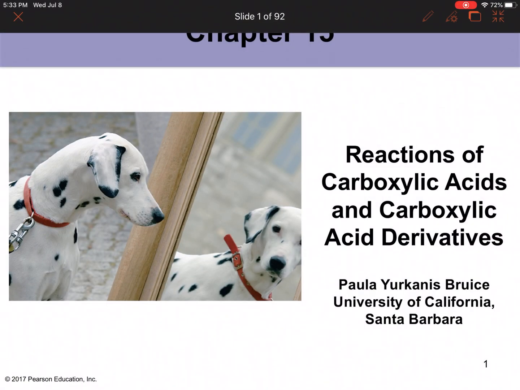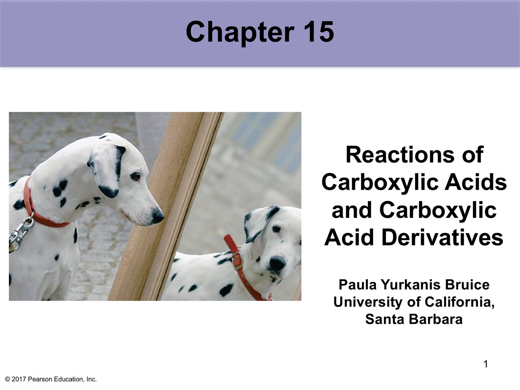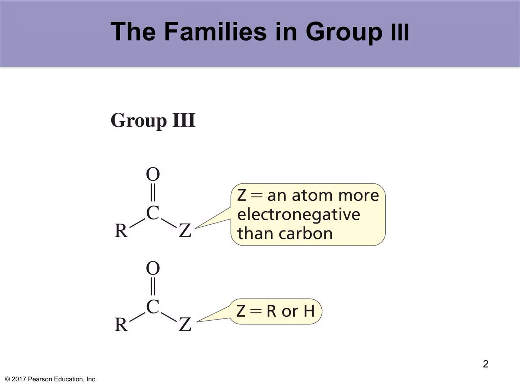Hello everyone. In this chapter we will look at reactions of carboxylic acids and carboxylic acid derivatives. So this group is group 3, where we have a carbonyl group. One category of group 3 is where you have a carbonyl group attached to another element, let's call it Z. There is going to be an atom more electronegative than carbon.